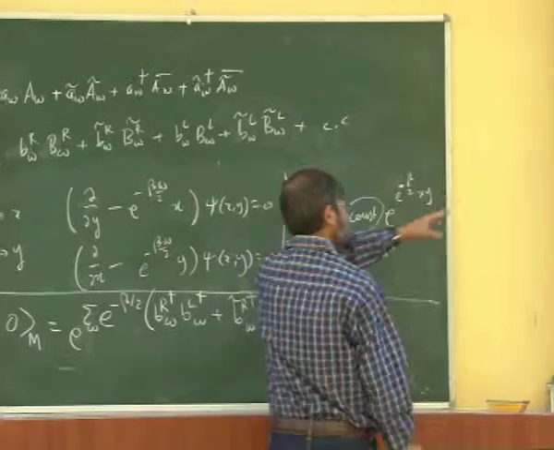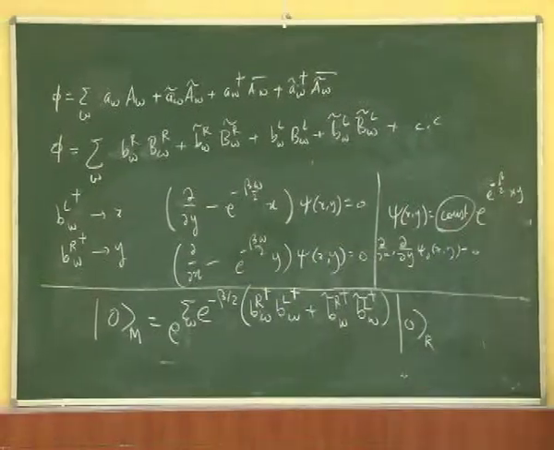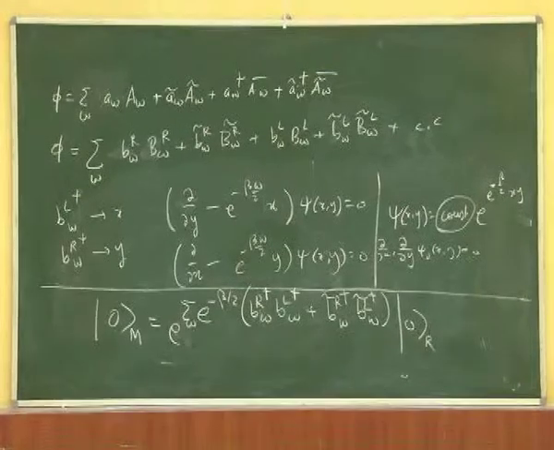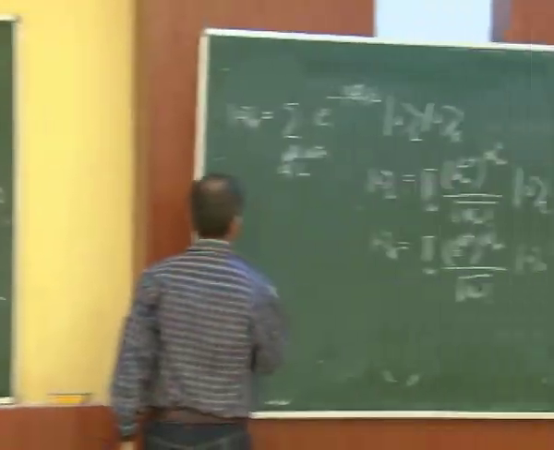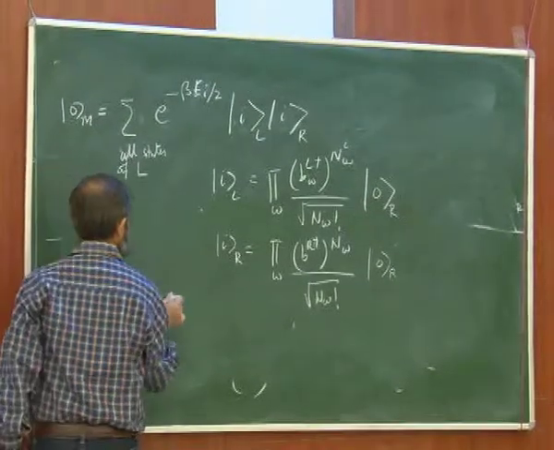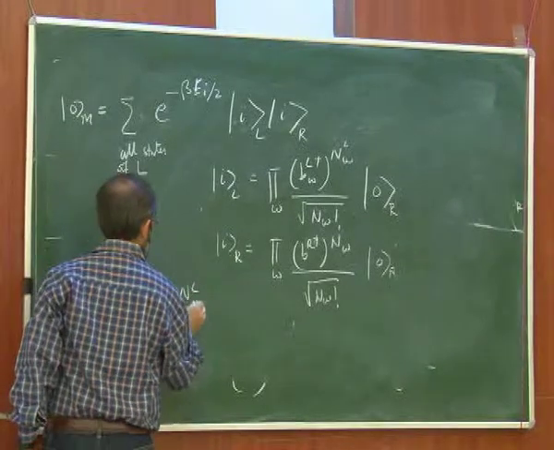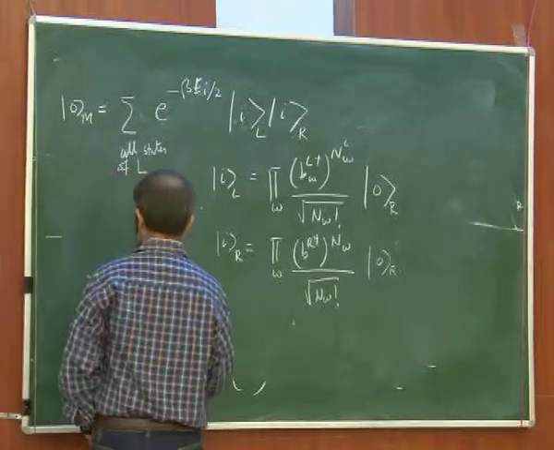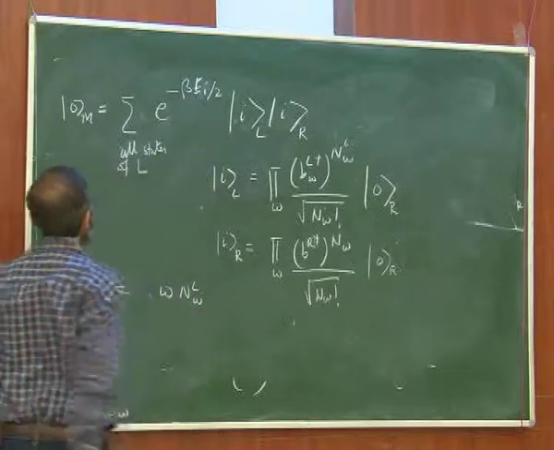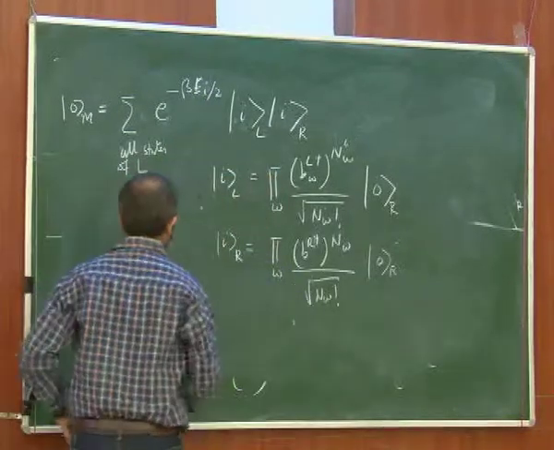In order to prove this result, you have to bring this down, and the value of E on these states will be given by the sum over omega of omega n_L omega. So this E is the energy of only the left side of the Hilbert space.